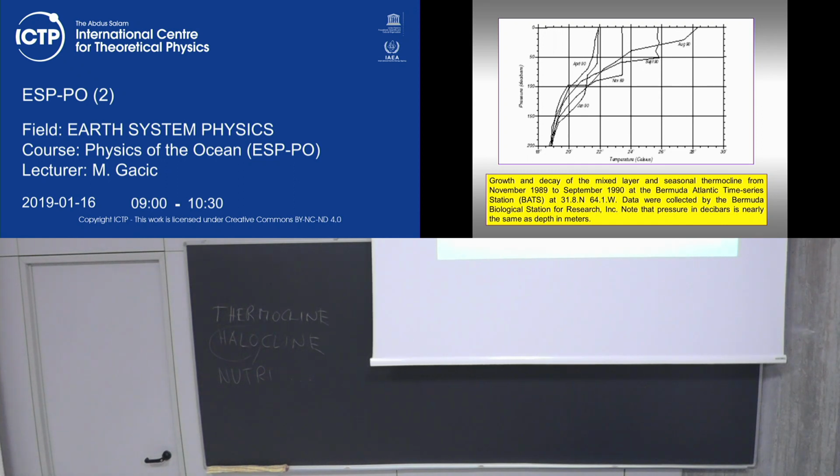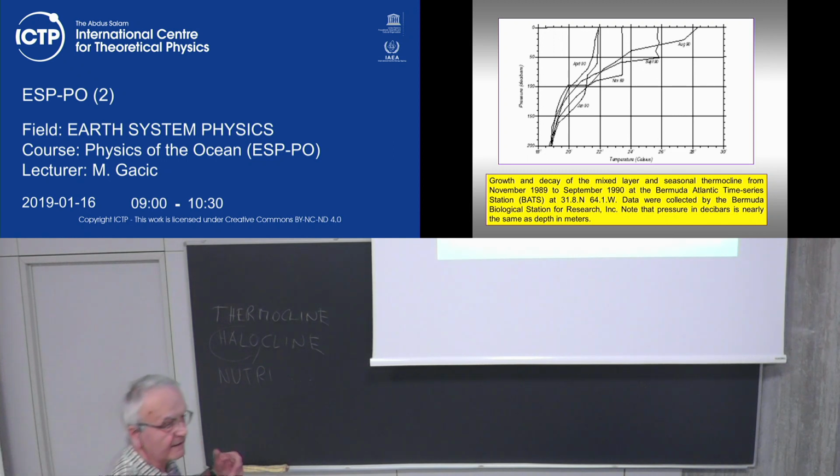Nutrients are important, you will see later, for the biological productivity. This is the food for ocean plants. So these are the layers where you have a strong vertical gradient of ocean properties in general. The thermocline is a strong vertical gradient of the temperature.